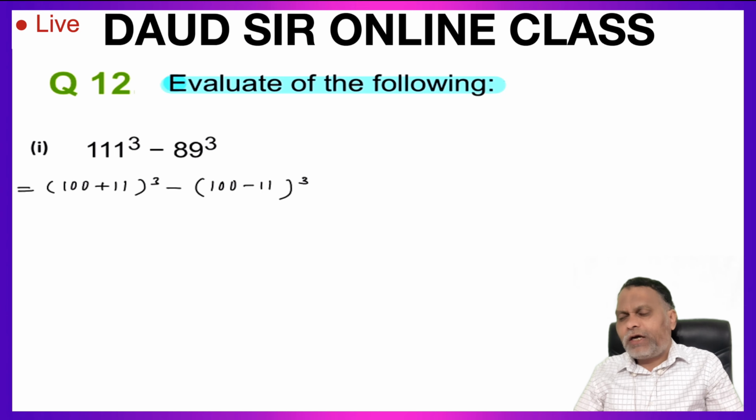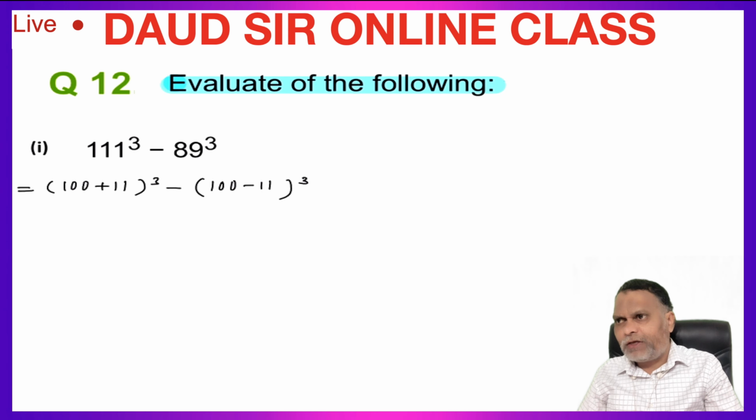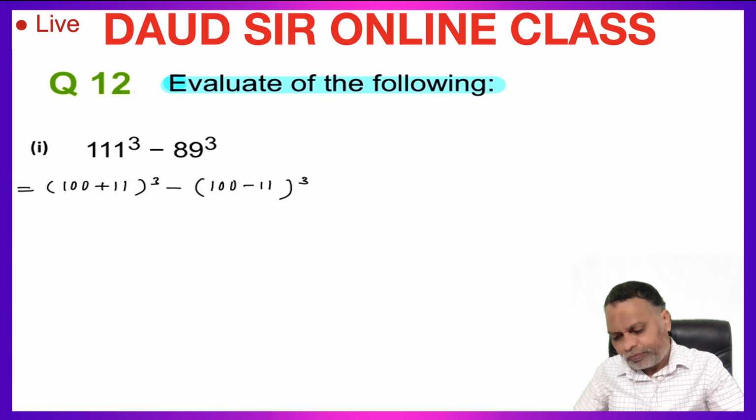Now in both the brackets we can apply the identity. In the first bracket (a plus b) whole cube and in the second bracket (a minus b) whole cube.